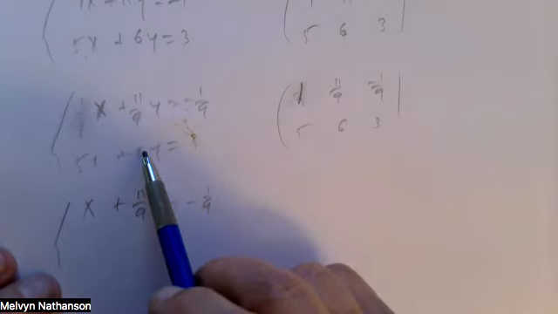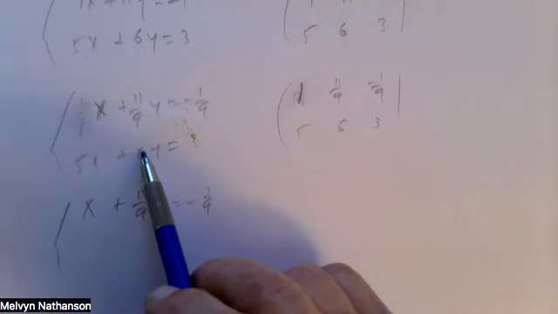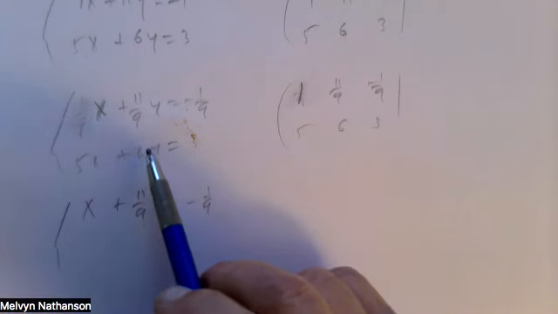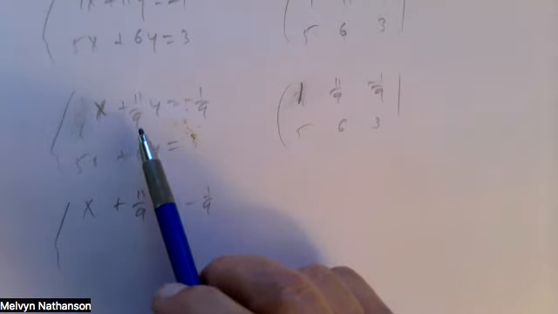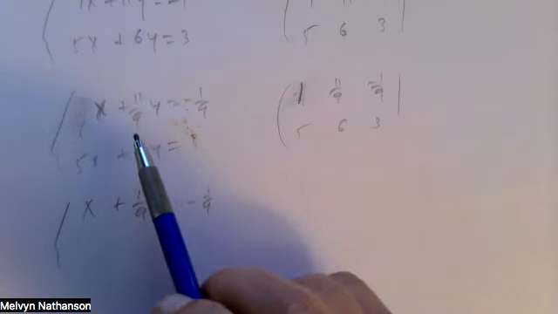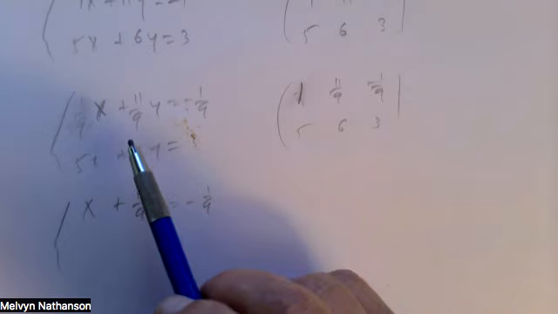So 6 is the same as 54 over 9. So this is 54 minus 55 over 9. This is minus a ninth y.